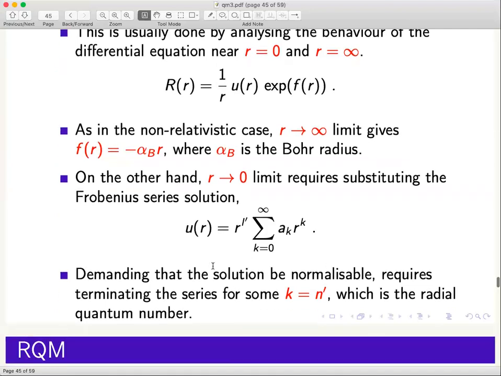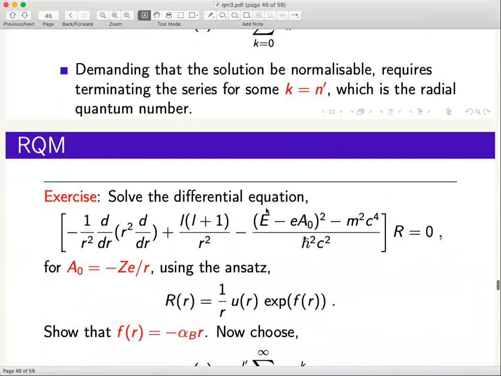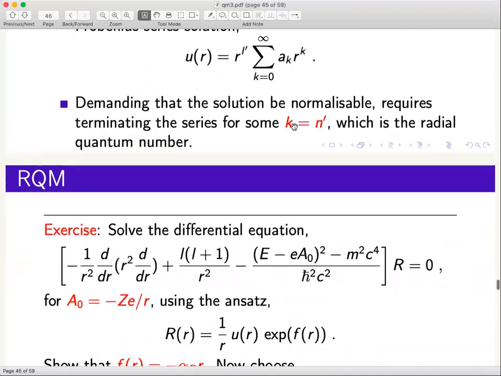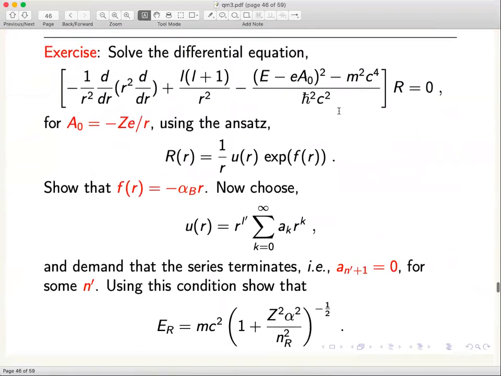We demand that the solution should be normalizable. That requires saying that k goes all the way up to only some n prime, okay, which is what we call the radial quantum number. Okay, so here's an exercise. Whatever I said in words now is what you can compute. Take this differential equation, substitute a0 to be minus ze by r, make this ansatz, and show that f(r) is this quantity.